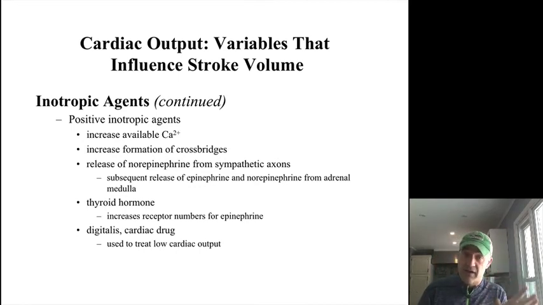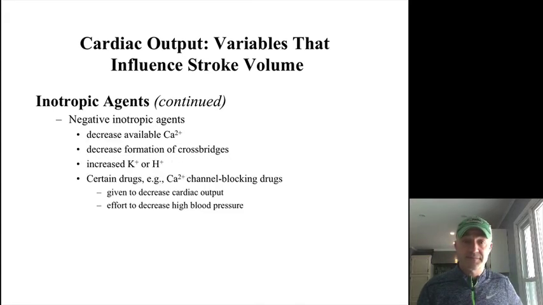These speed up that heart rate at the SA node and AV node, but they also, in a lot of the rest of the heart, are going to increase the strength by which that heart contracts by allowing more calcium ions into these cells. There's also the drug digitalis that you can give to somebody that is having issues with cardiac output, which will increase the strength by which that heart is beating. That's another positive inotropic agent.